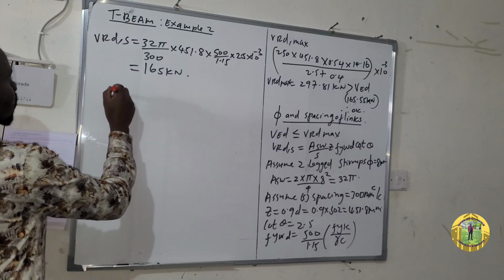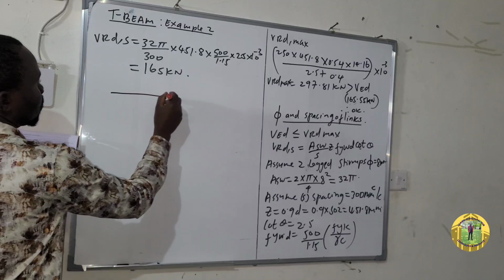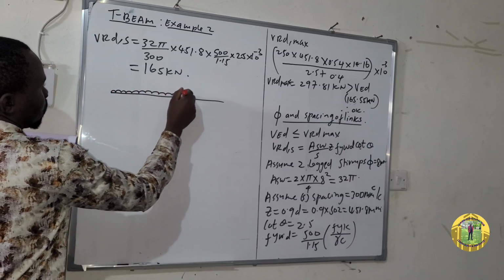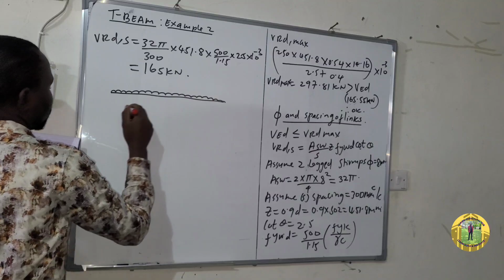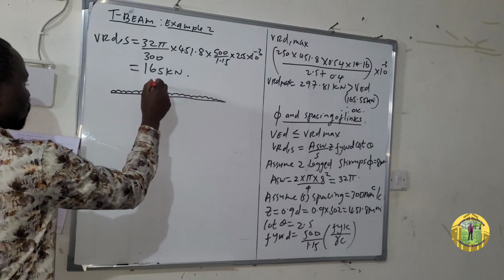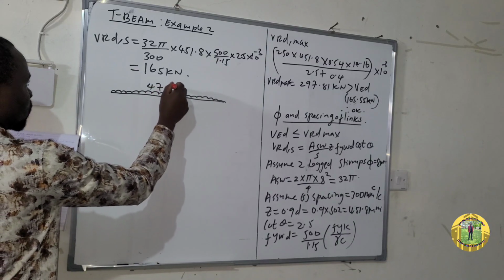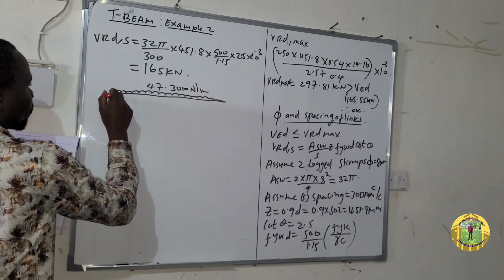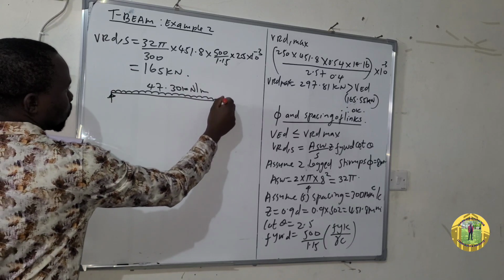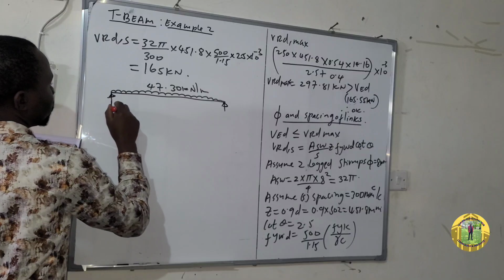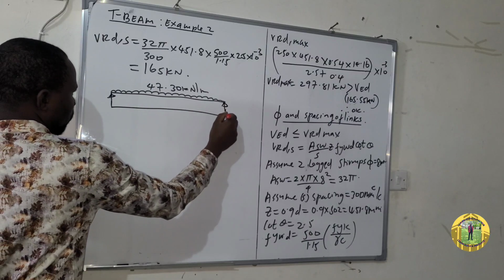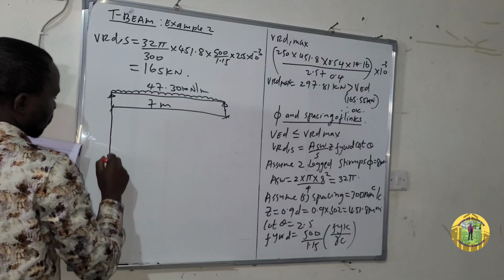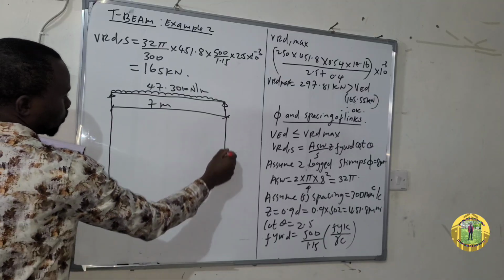So if you can sketch here, this is 47.30 kilonewton per meter. The beam is spanning 7 meters. Let's draw the shear force diagram.